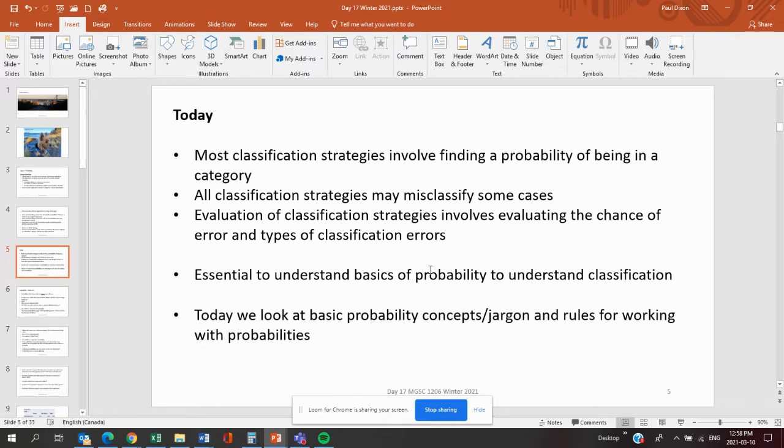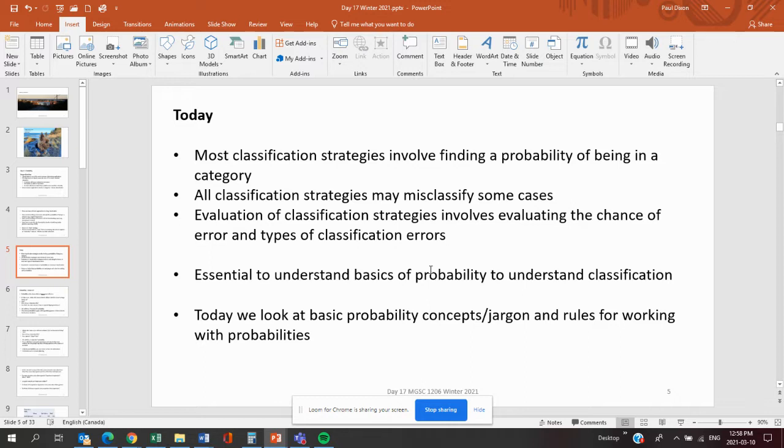And then others, you say, nope, test came back negative, you don't have COVID, when in fact they do have COVID. We just didn't pick it up. We make some mistakes, and we'd like to know, what's the probability you're going to make a mistake? You need a good understanding of probability to be able to understand both some classification tools and how to evaluate those different classification tools.